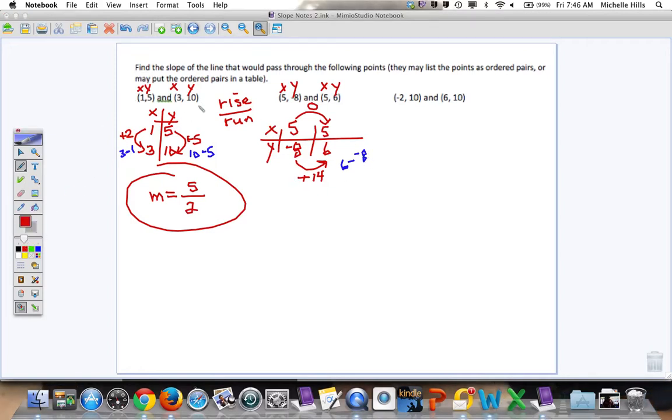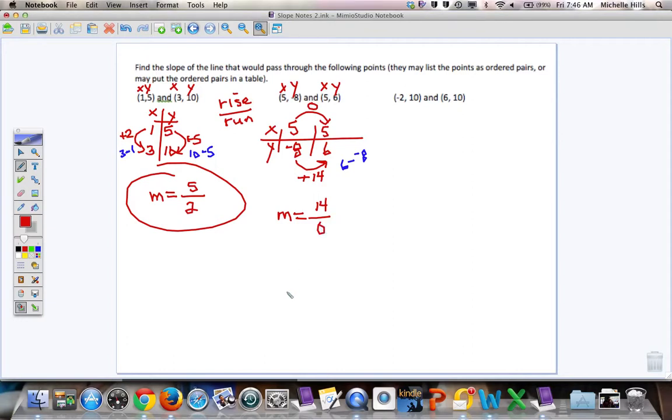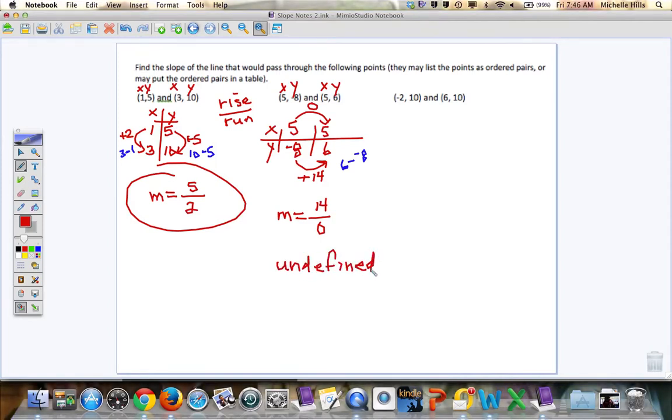Here, the challenge is I see the 0 on top of the 14. But if I remember rise over run and y's rise, the change in y, the 14 goes in the numerator, the change in x, the 0 goes in the denominator. If you punch this in your calculator, you get an error, so this slope is undefined. The line is not undefined, but the slope is undefined.